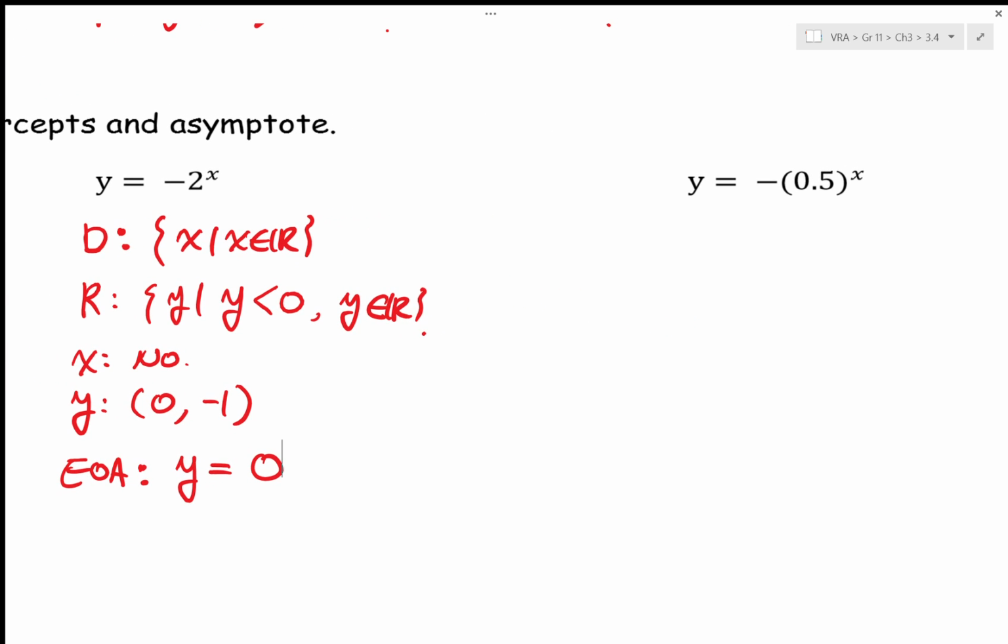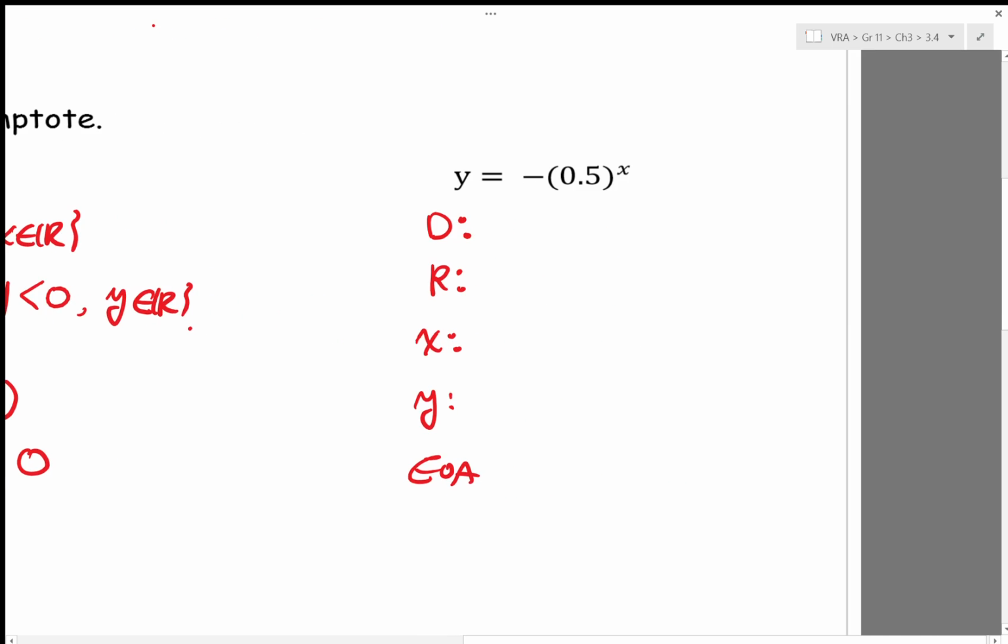Okay. And same thing for these. So I'm just going to go quite quickly on these. And then EOA. So we have domain x such that x is an element of real number. And then y is less than 0 because my a value is negative 1. Comma, y is an element of real number.